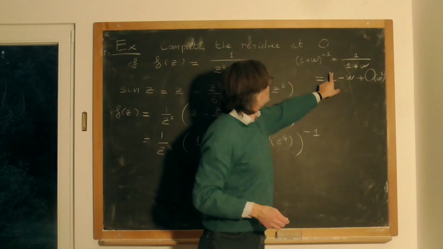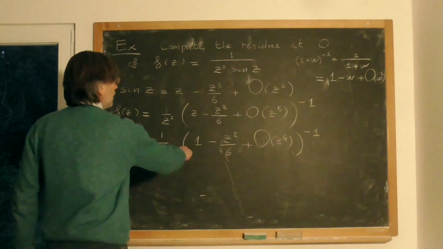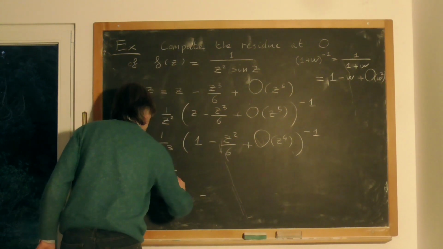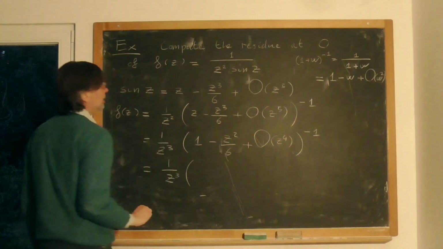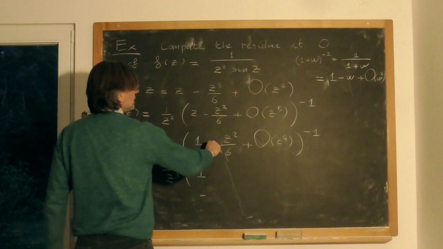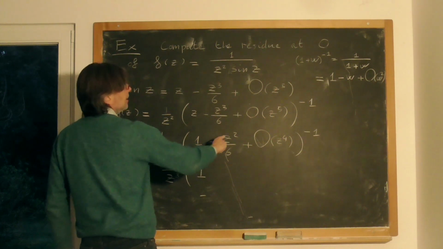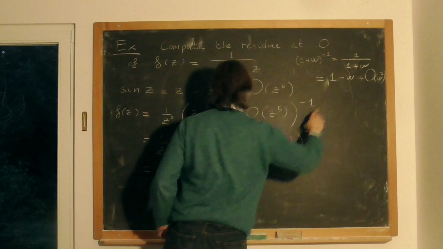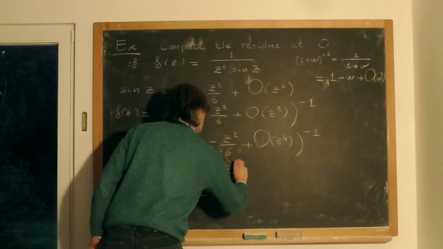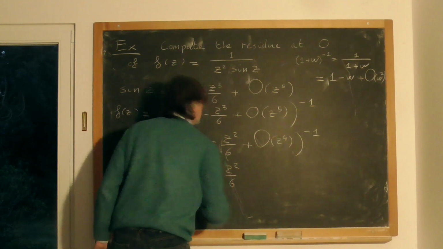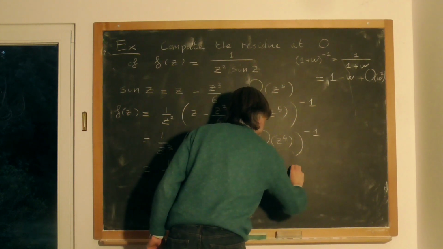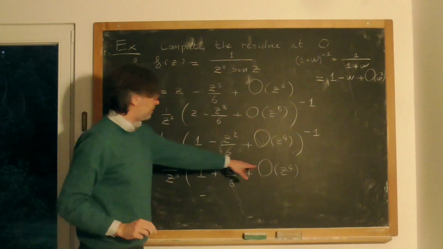So if we use this expansion here to express this term, what we obtain is 1 over z cubed, and here we obtain a 1. Then we should write minus this thing, so this minus becomes a plus z squared divided by 6 plus big O of z to the power 4.